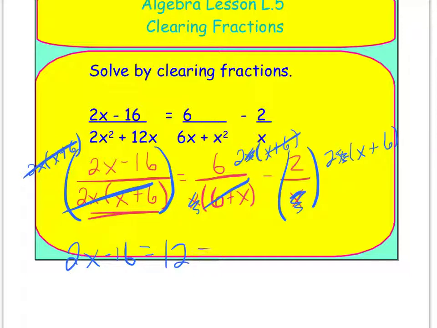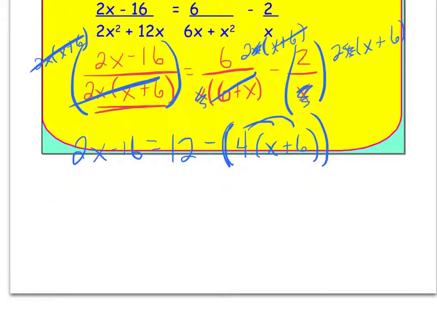So I'm going to do my minus sign, and then in parentheses, I'm going to do 2 times 2, which is 4, and then x plus 6. So I've got to do the innermost parentheses first. So we've still got our 2x minus 16 over here, and our 12, and our minus sign, and then we've got 4x plus 24.